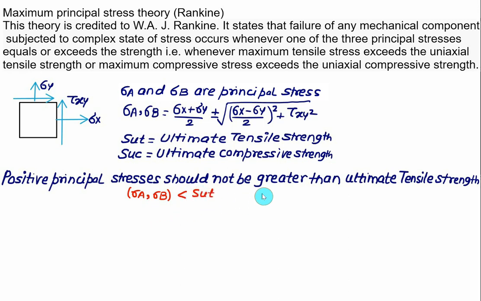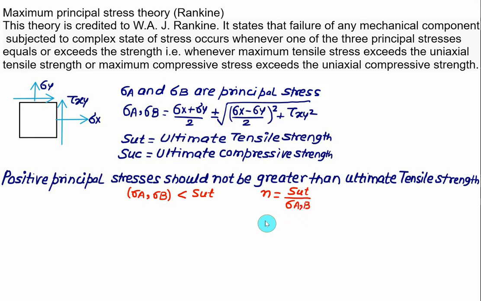In this case, we can define the factor of safety N, which is equal to strength divided by stress, given as SUT, the ultimate tensile strength, divided by either sigma A or sigma B.